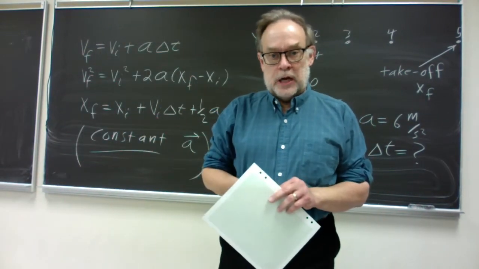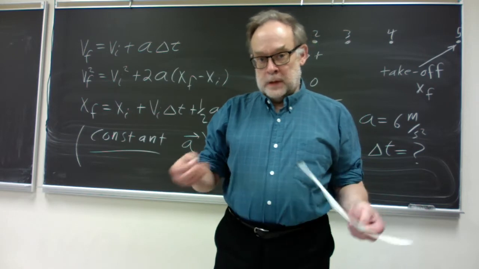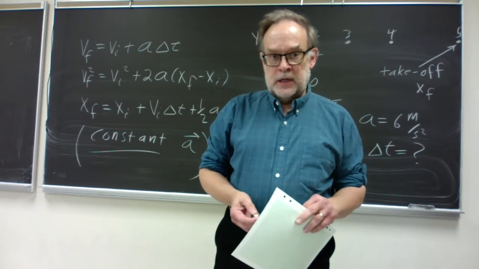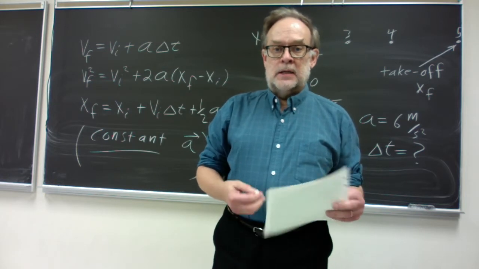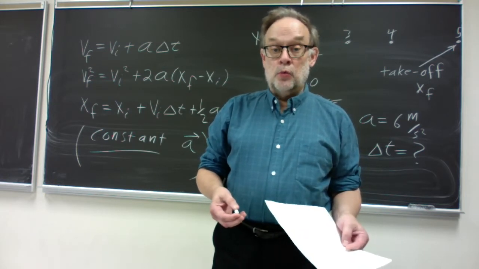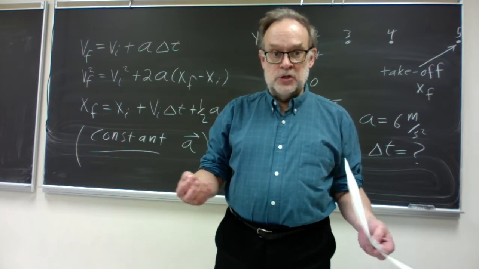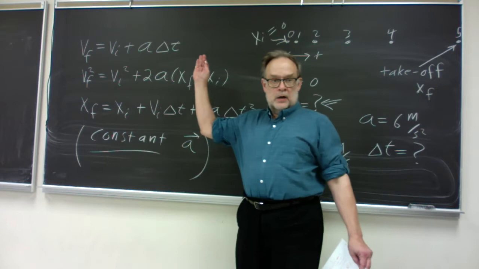The last ideas in Chapter 2 involve problem solving, quantitative problem solving with all the kinematic variables. And the nice thing about it is that there are only 3 equations that you ever need to use. Here they are.